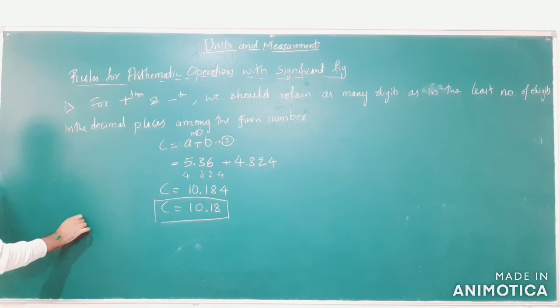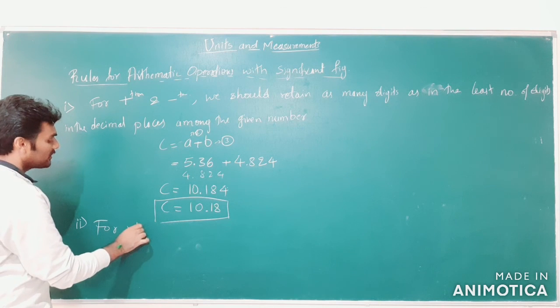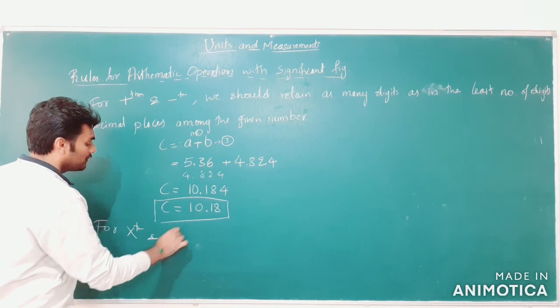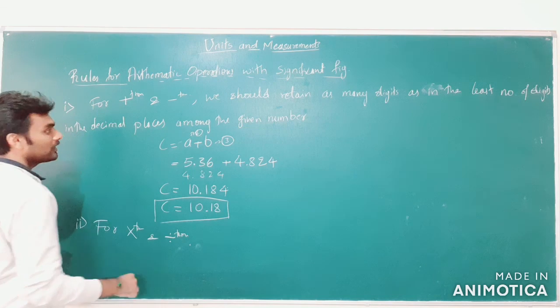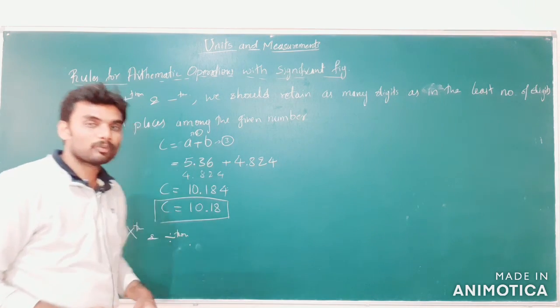So the next one is similar. It's for multiplication and division. Both the operations are considered. Now the rule is different. It's not the decimal places which has to be considered.